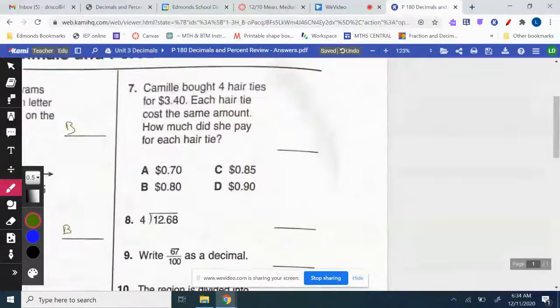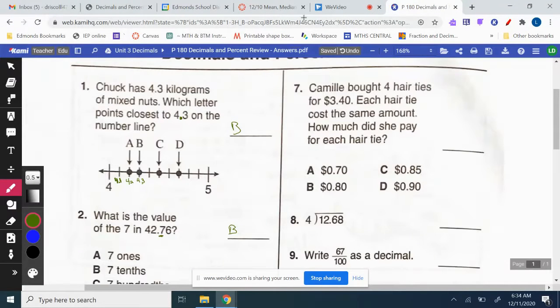Almost done. Camellia bought 4 hair ties for $3.40 each, that tells me they cost the same amount. How much did she pay for the hair tie? So this is the total amount she paid. So I need to do some division. So 3.40 divided by 4.